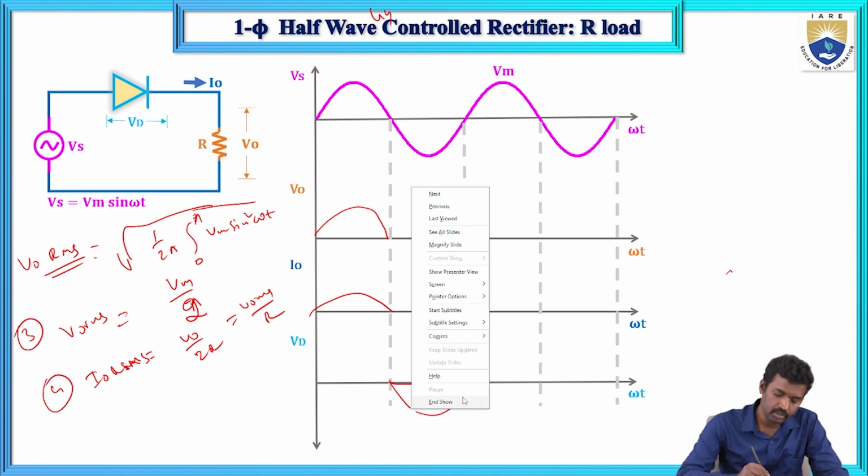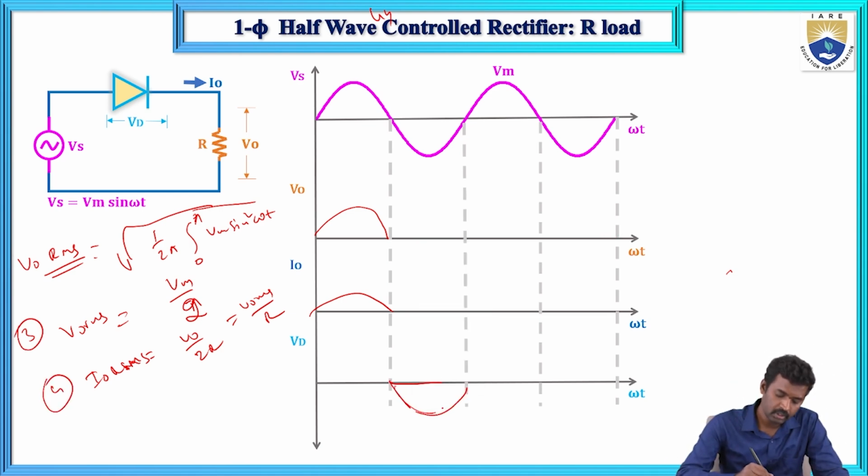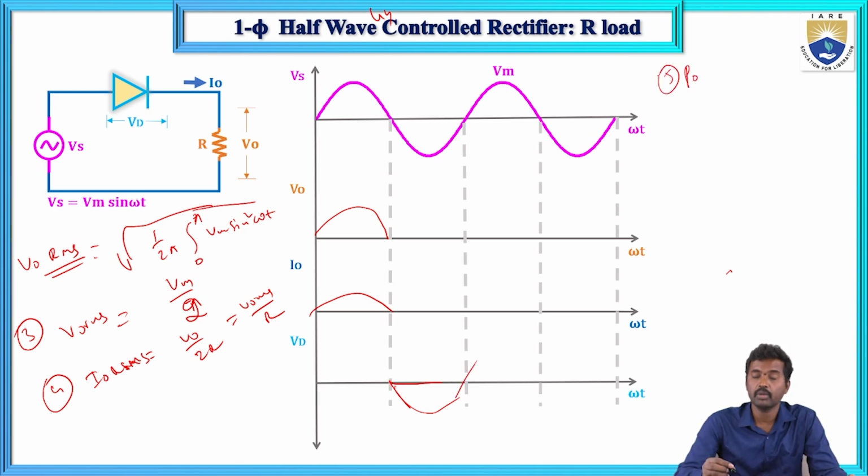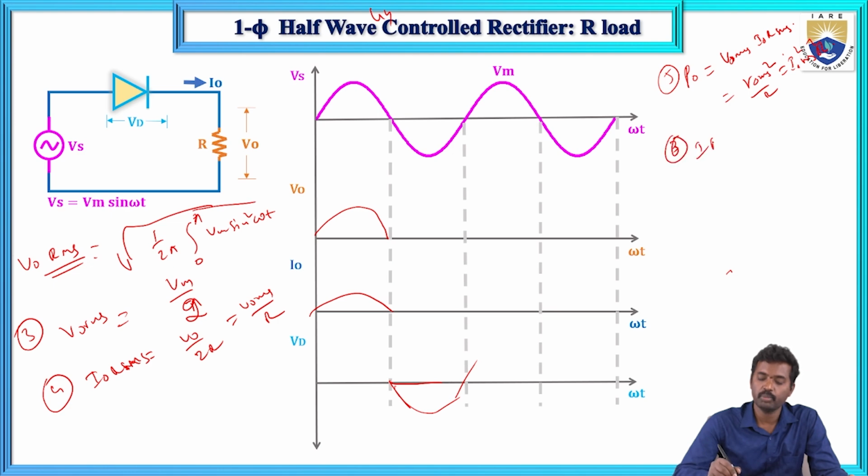So now here this is the output voltage. What about the output power? P0, the fifth question, P0 equals V0 RMS into I0 RMS, that is V0 RMS square by R and I0 RMS square into R. And now the sixth question is the input power factor.